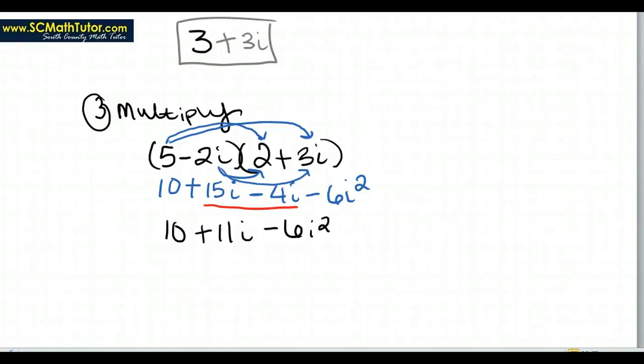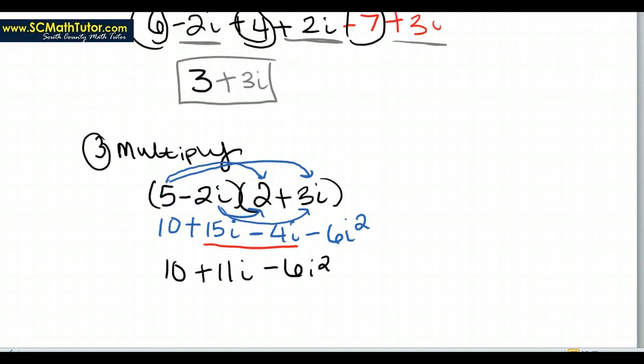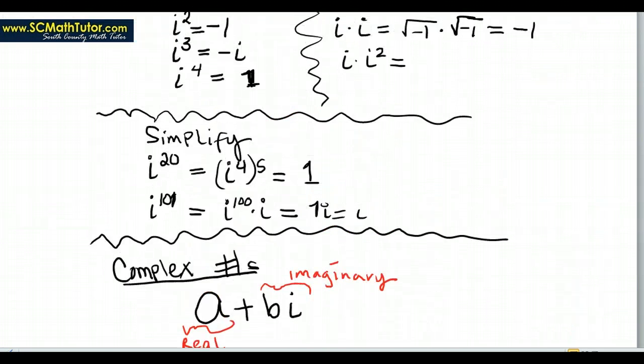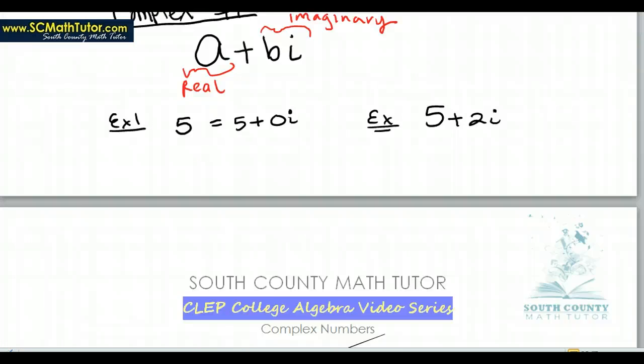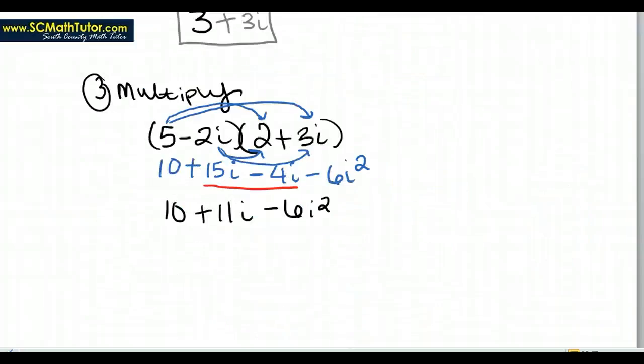So we want to figure out what i squared is. If you go back to my definition, i squared is negative 1. So instead of i squared, I'm going to put negative 1. So this is negative 6 times negative 1, which gives you positive 6.